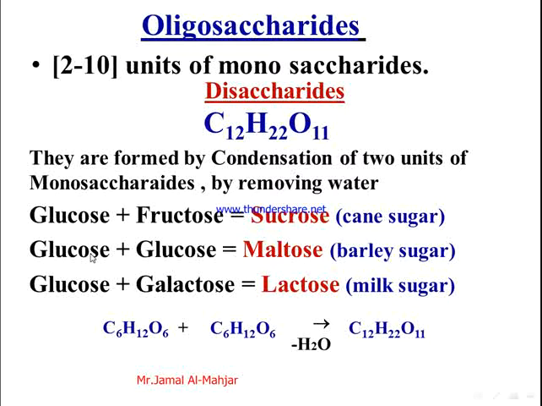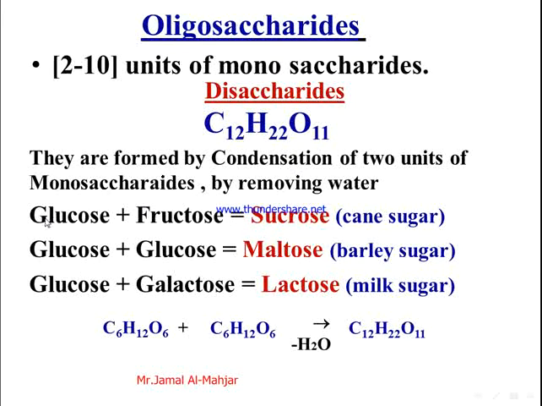If we have 2 units of glucose, we will get maltose, which we call barley sugar. If we have glucose and galactose, we get lactose, or what we call milk sugar. So sucrose and maltose and lactose are disaccharides. They contain 2 units of monosaccharides.